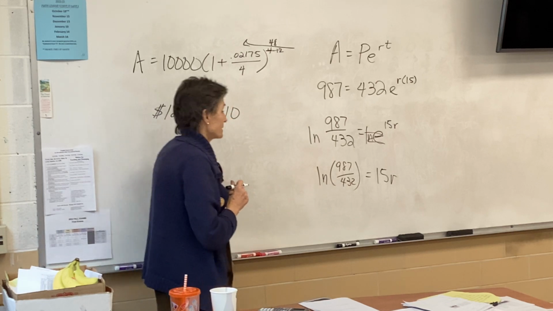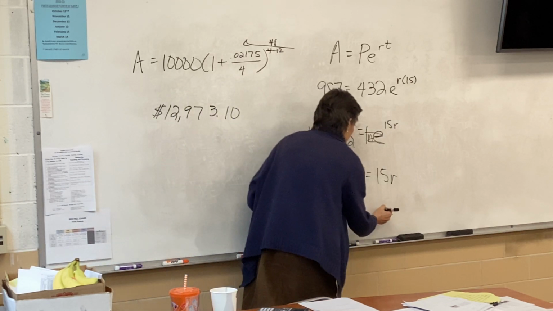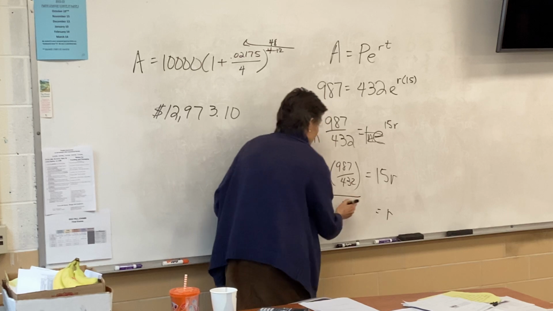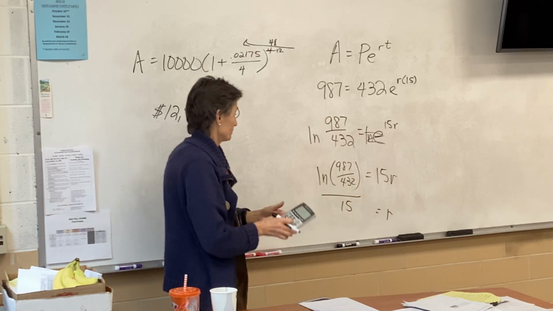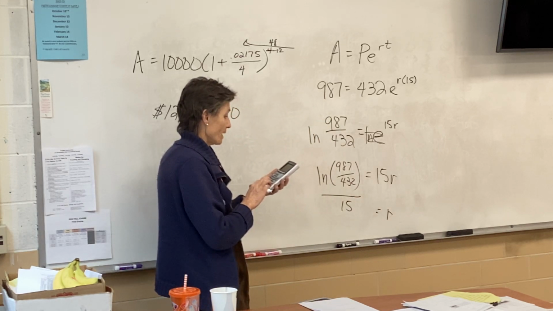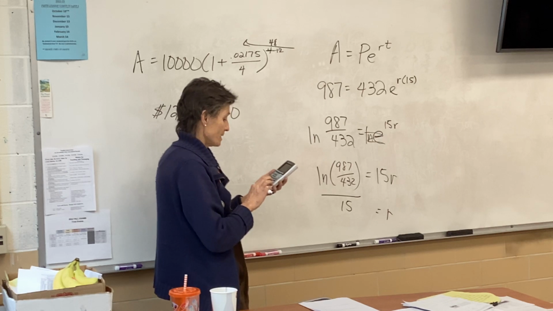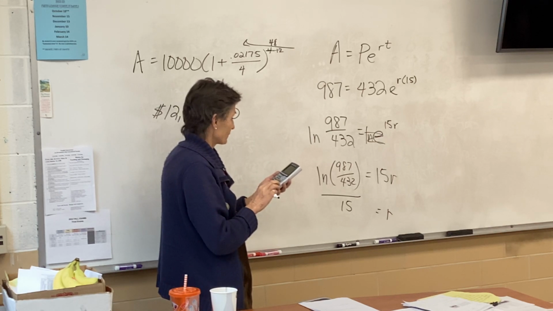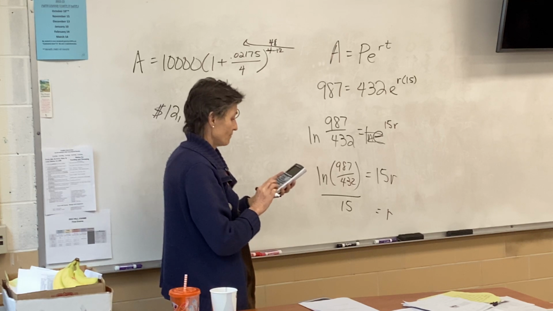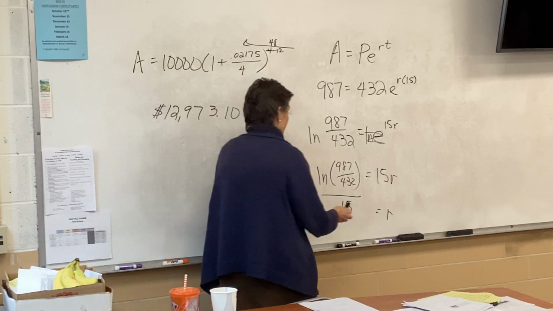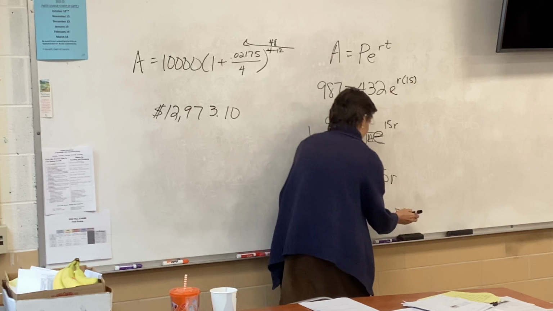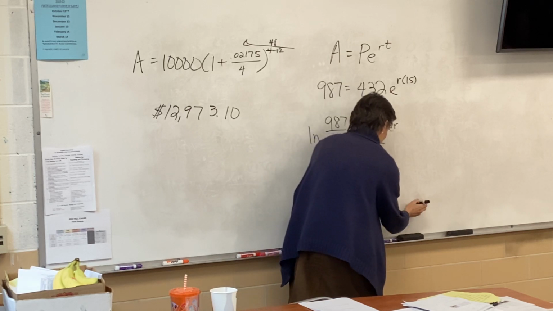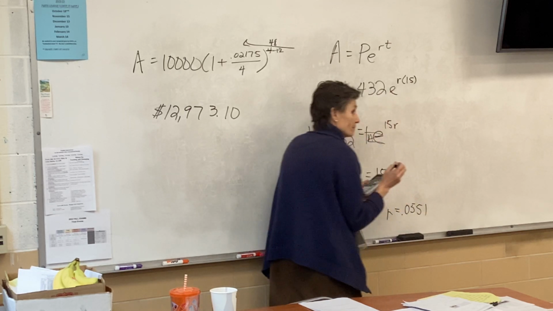To get my answer, I will just divide by 15. So ln of 987 divided by 432 is 5.5, divided by 15 is 0.0551.